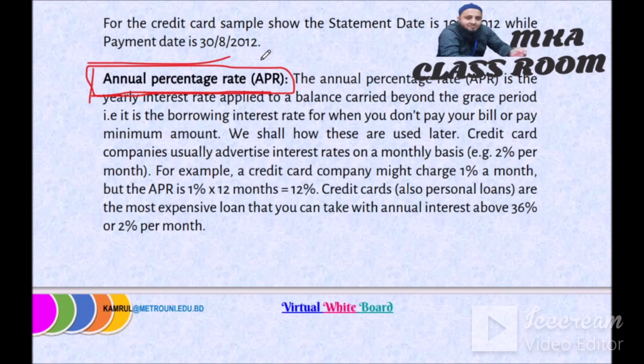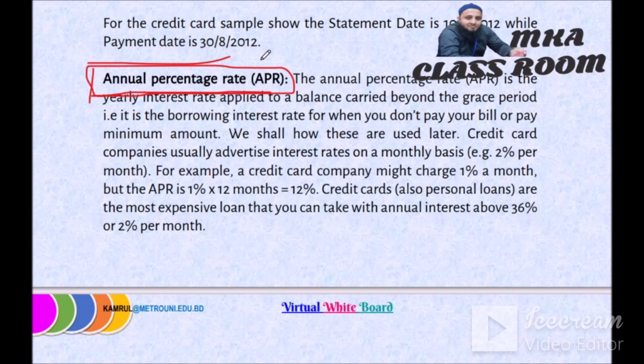Actually that should turn out to be 36% at the end of the year. Generally if we calculate, it would be 24% per year, but it is compounding monthly, so the effective annual rate would obviously be more than 24%. If your bank charges 1% per month, then the annual interest rate is 12% per year.